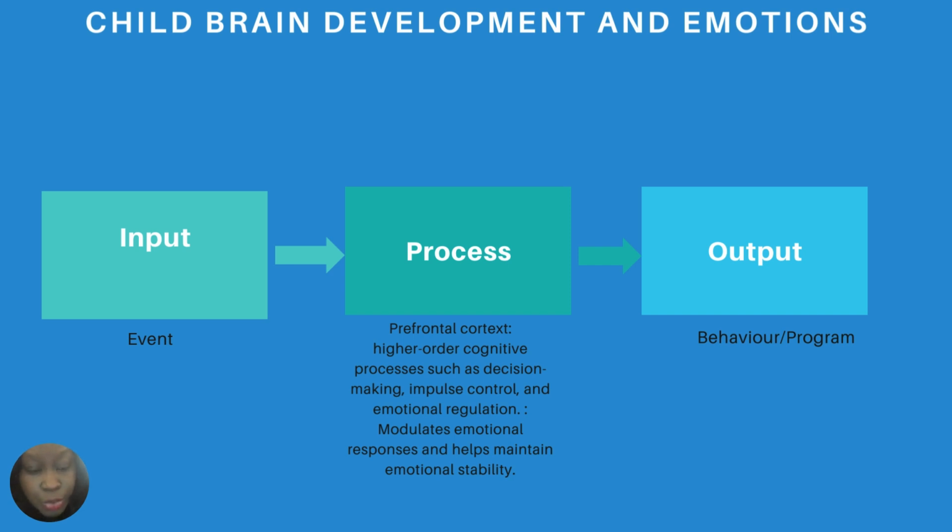It is processed through the prefrontal cortex, which is responsible for executive function in the brain. The executive function in this scenario is emotional regulation, and the output you see is based on the behavior. So that's what you see, that's the program. But what happens on the inside is essentially the prefrontal cortex making that decision.